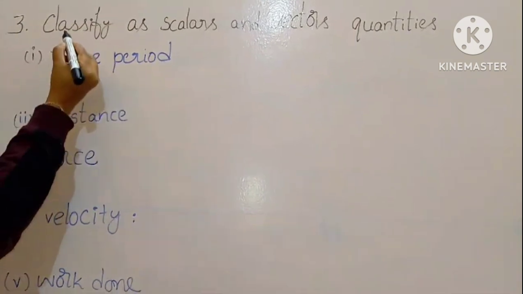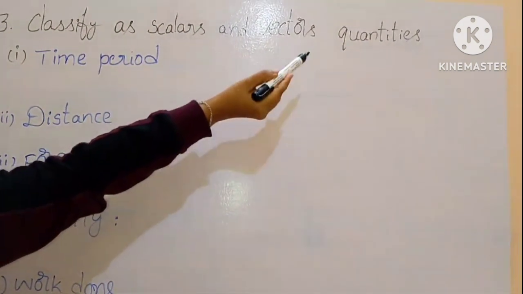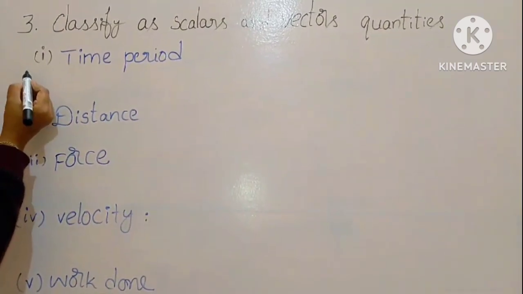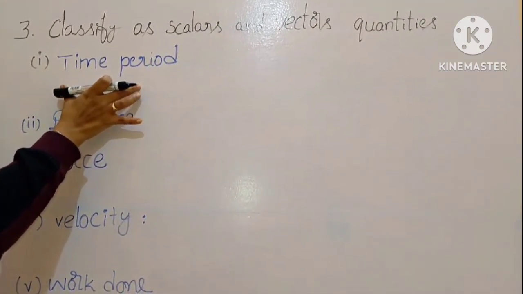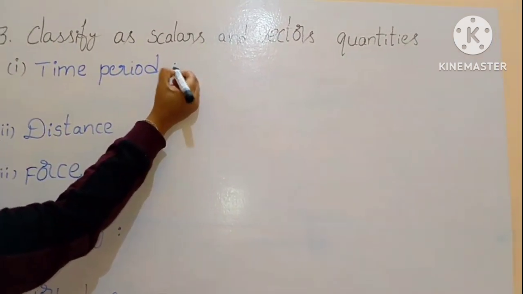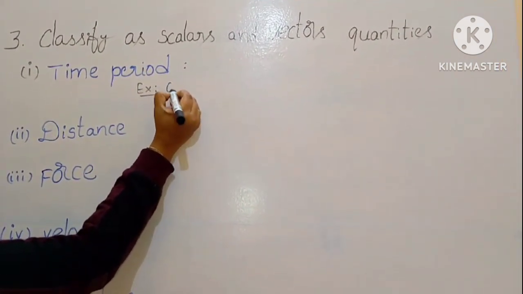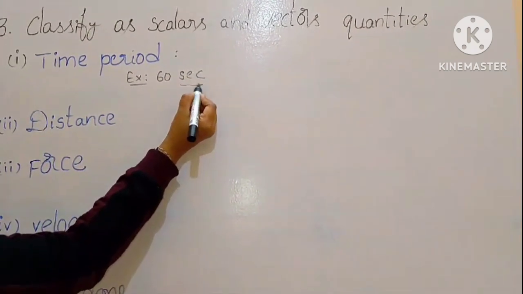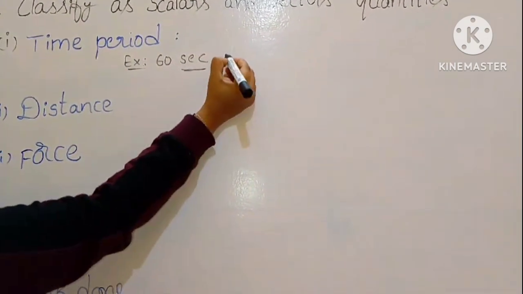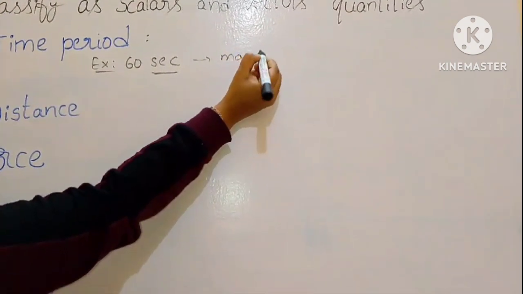The third question is: classify as scalar and vector quantities. The first is time period. Time period is actually a quantity. For example, I am taking 60 seconds. These seconds represent only magnitude.